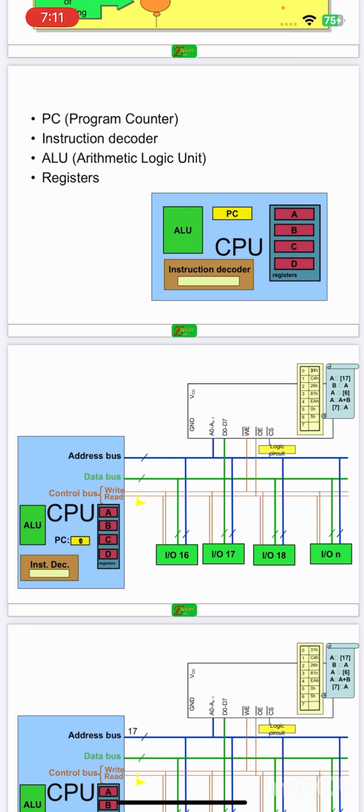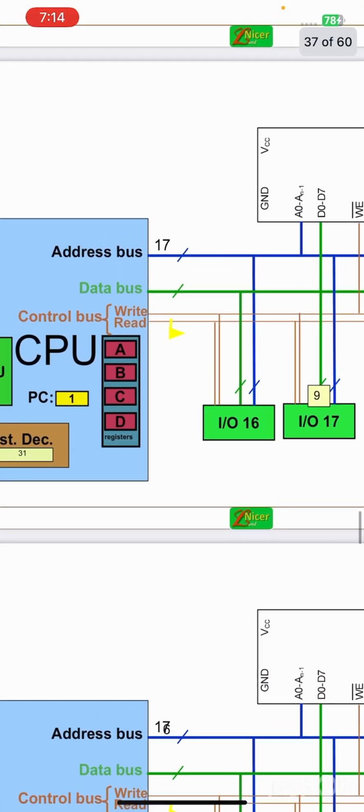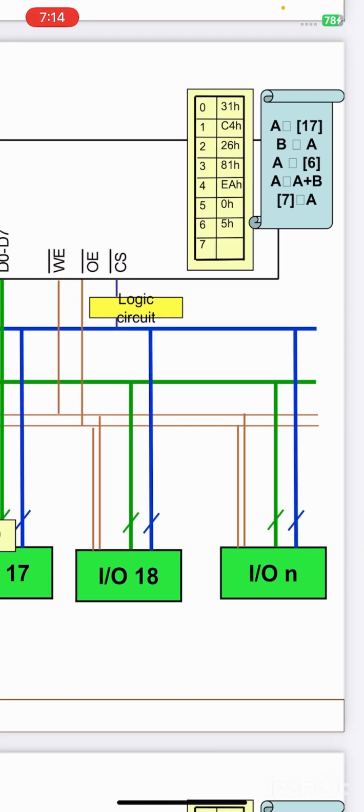What is this? This is actually how things work in the CPU. Moving on, this is the address bus, and if we select port number 17, what it actually does is that any address located at section A is transferred to memory bit A. Beside the CPU there are registers A, B, C, and D, and this table with the blue scroller shows how things work.